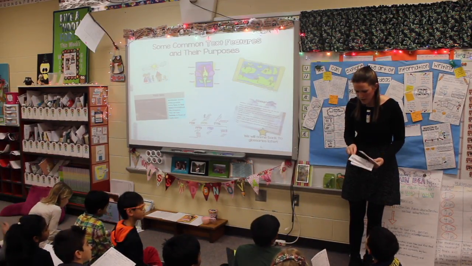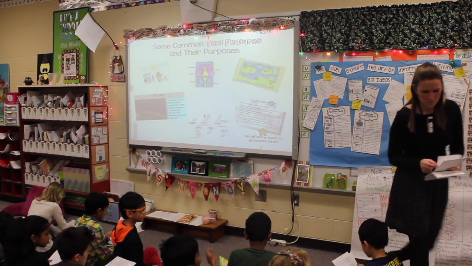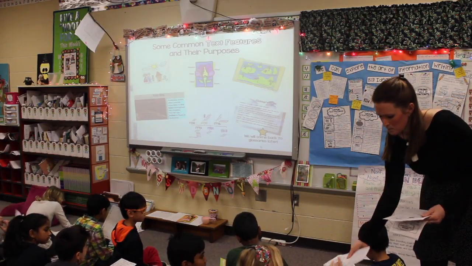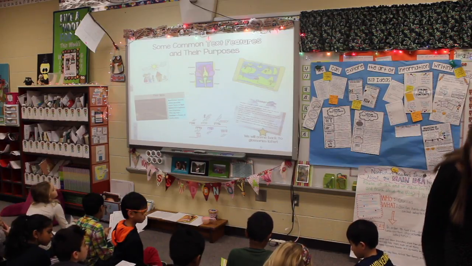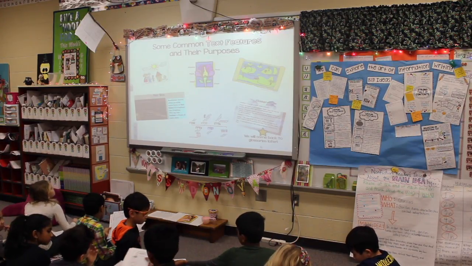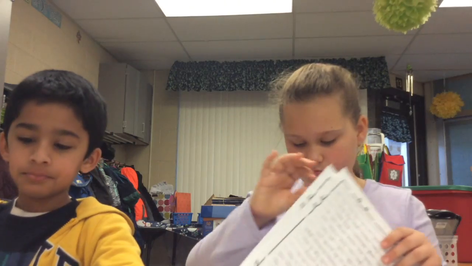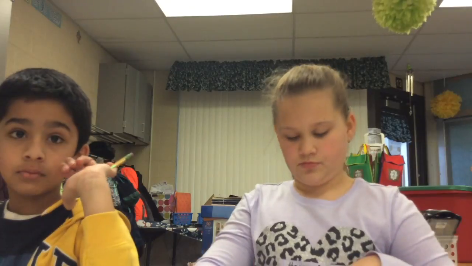Think about which text feature would be the best. And when you are ready, turn and talk to your partner so that you can explain to them which text feature you would use for this chapter of your book and why.